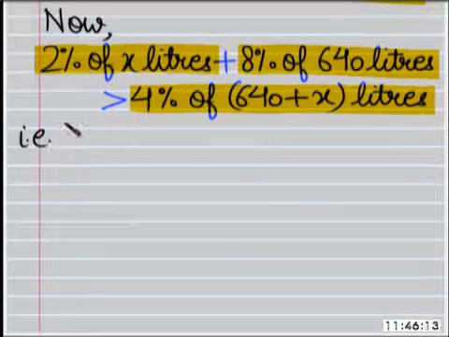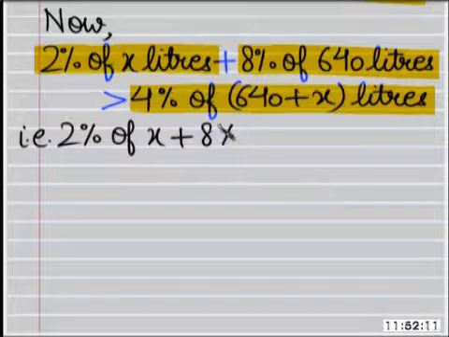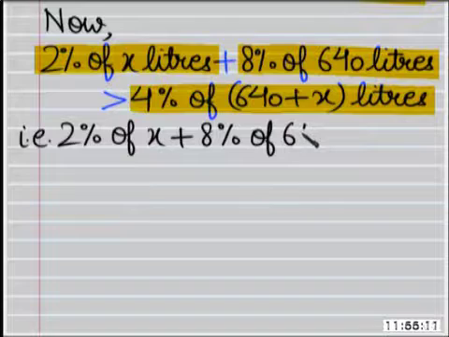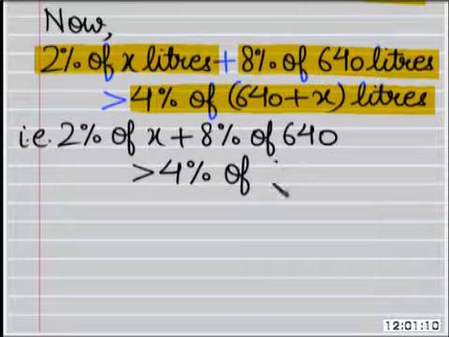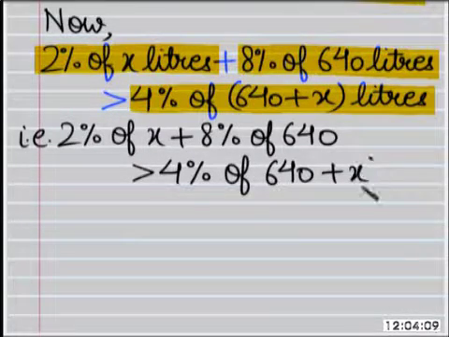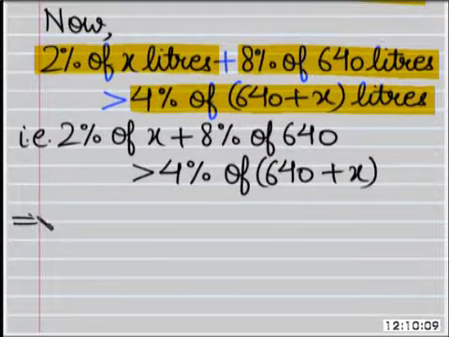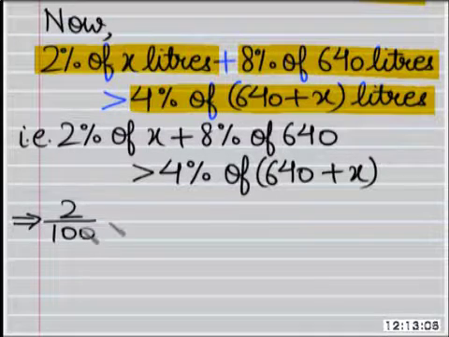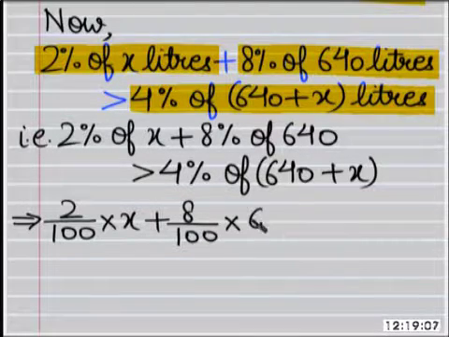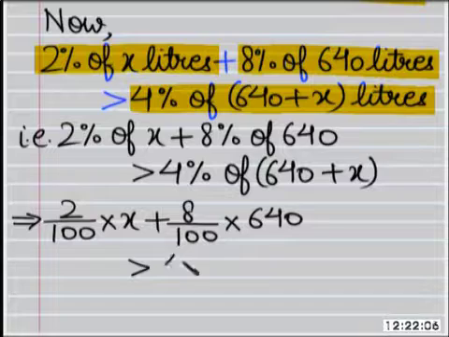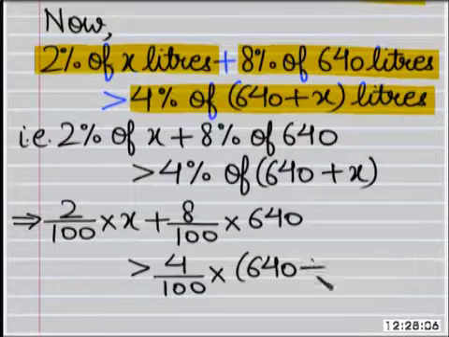That is, 2% of x plus 8% of 640 is greater than 4% of 640 plus x. This implies 2 upon 100 into x plus 8 upon 100 into 640 is greater than 4 upon 100 whole multiplied by 640 plus x.